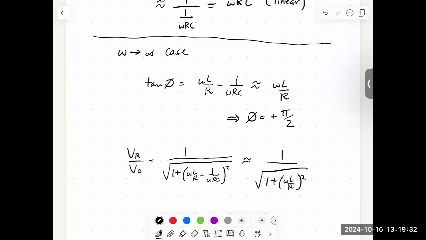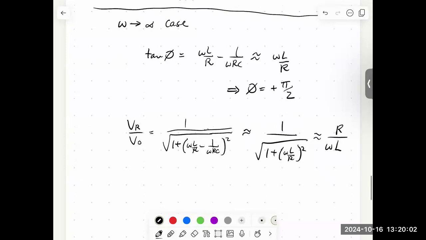Again, in the high frequency limit, omega L over R is large compared to the 1. So we'll ignore the 1 and we get something that looks like R over omega L. If we ignore the 1, take the square root to kill the square, and then invert the denominator to put it all in the numerator. So this is proportional to 1 over frequency.